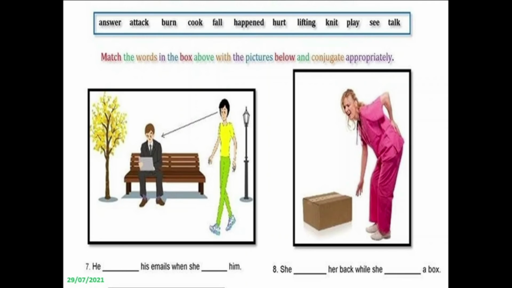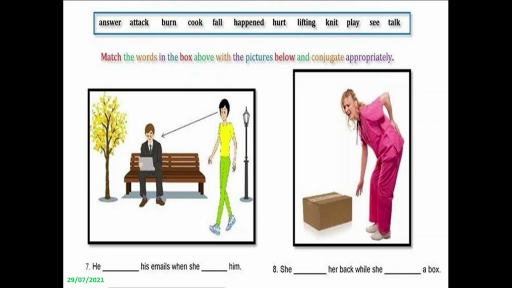He blank his emails when she blank him. I think it should be: he was answering his emails when she saw him. That would be the more appropriate, correct way. Let's match the next one.